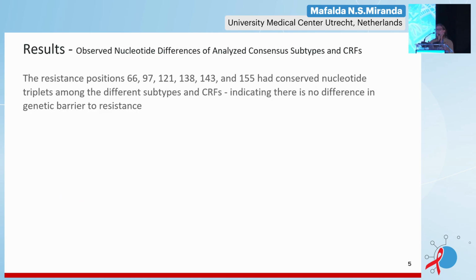So we found that in the resistance positions 66, 97, 121, 138, 145, and 155, they all had conserved nucleotide triplets among the different subtypes and CRFs, indicating that there's no difference in the genetic barrier to resistance.